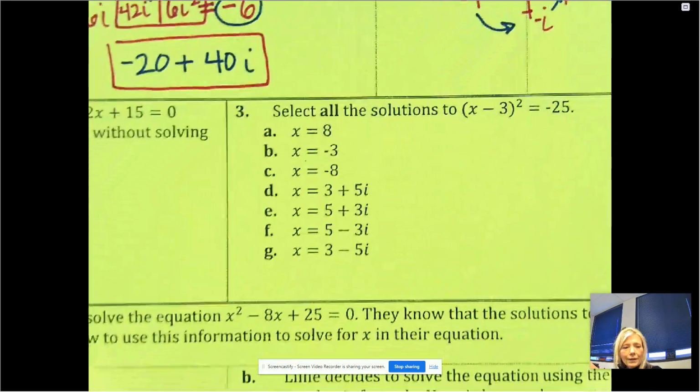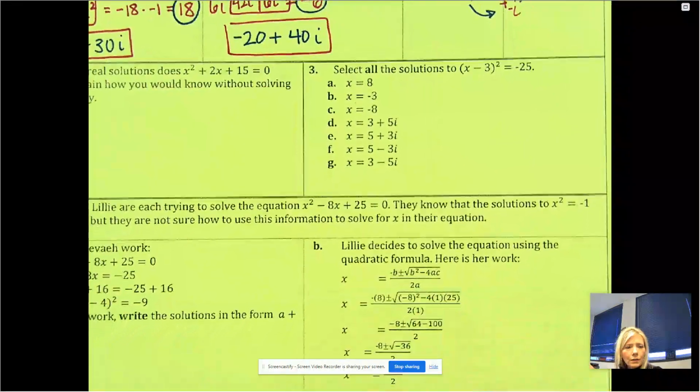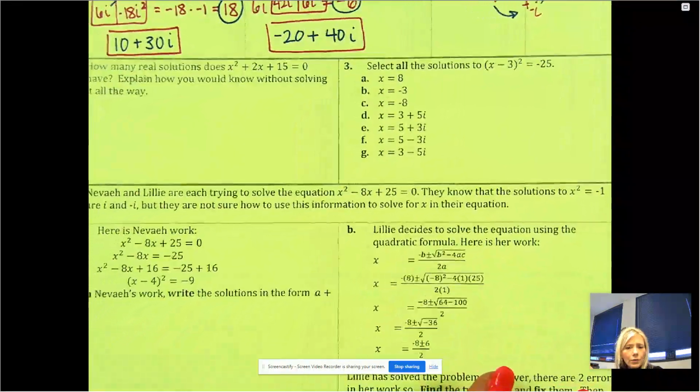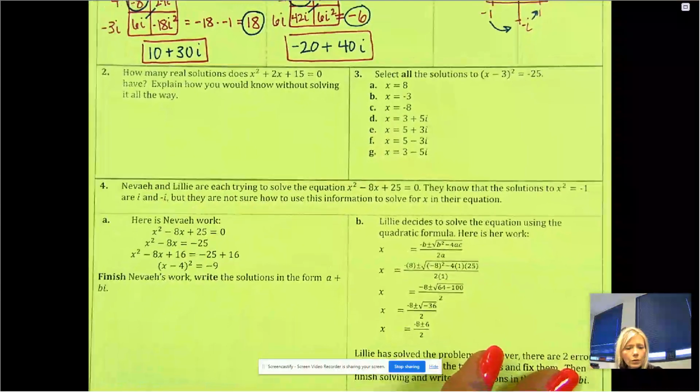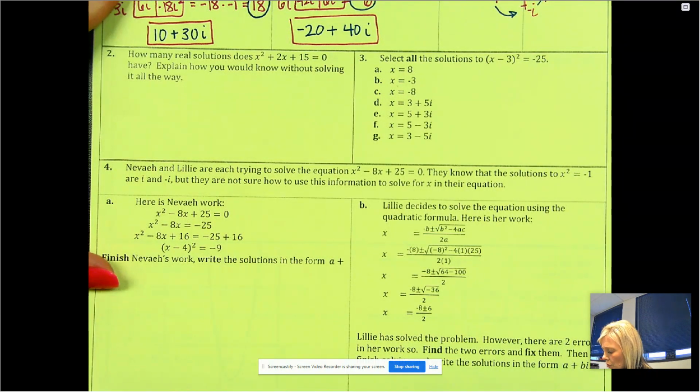All right. Now we're going to get into some quadratics. So for number 2, how many real solutions does x squared plus 2x plus 15 equals 0 have? How many real solutions?